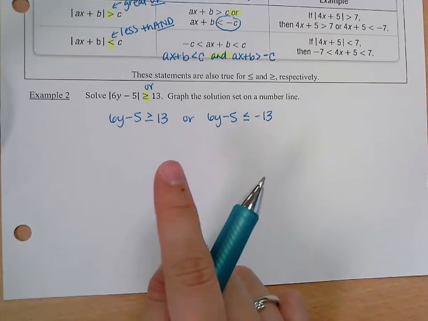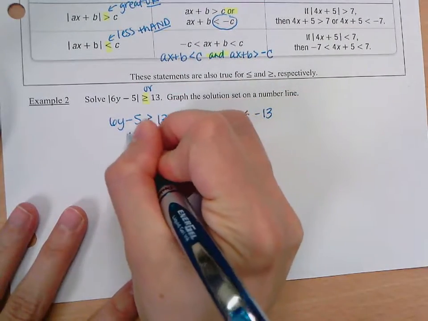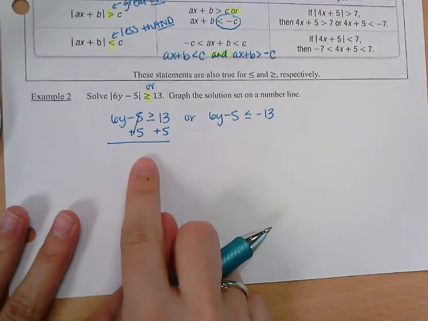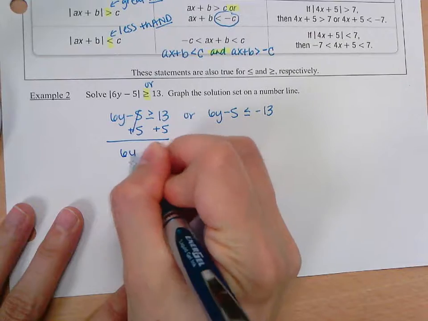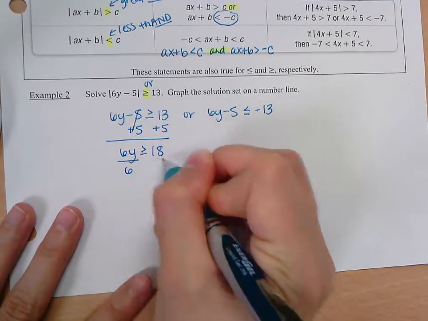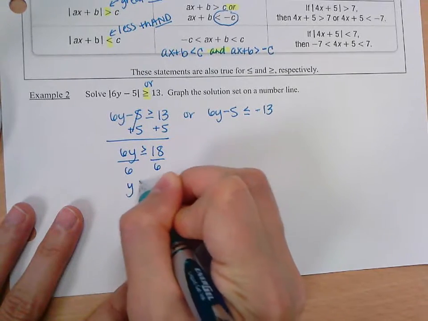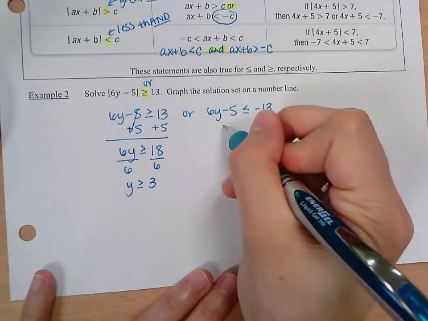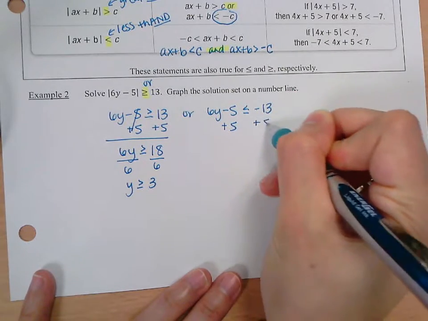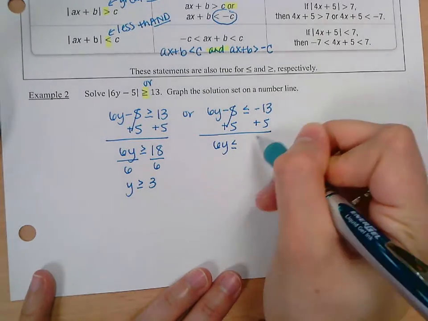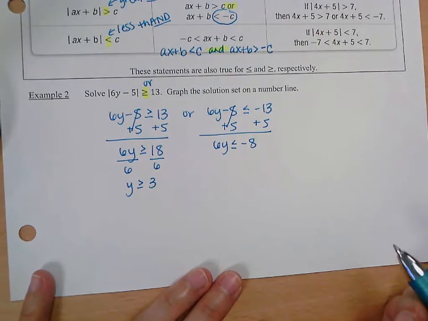So in both of these, to solve for y, I start out by adding 5 to both sides. I'll just do one at a time though. So the first one, if I add 5, I get 6y is greater than or equal to 18. Divide by 6, so y is greater than or equal to 3. And then for the other one, if I add 5, 6y is less than or equal to negative 8.